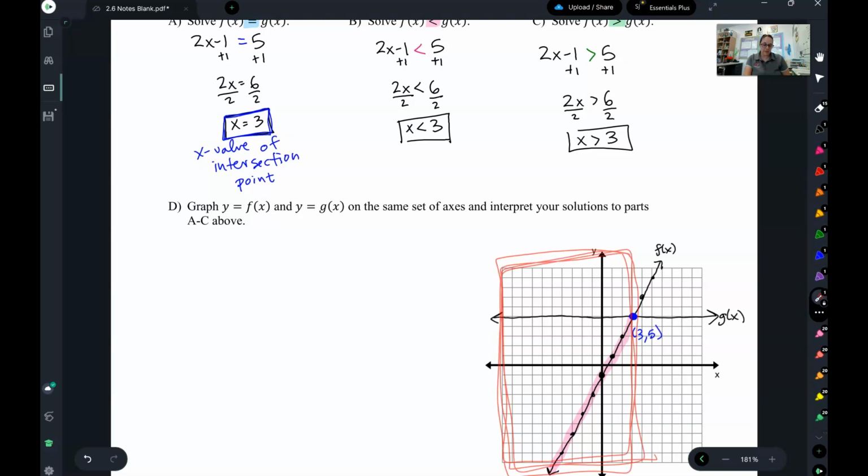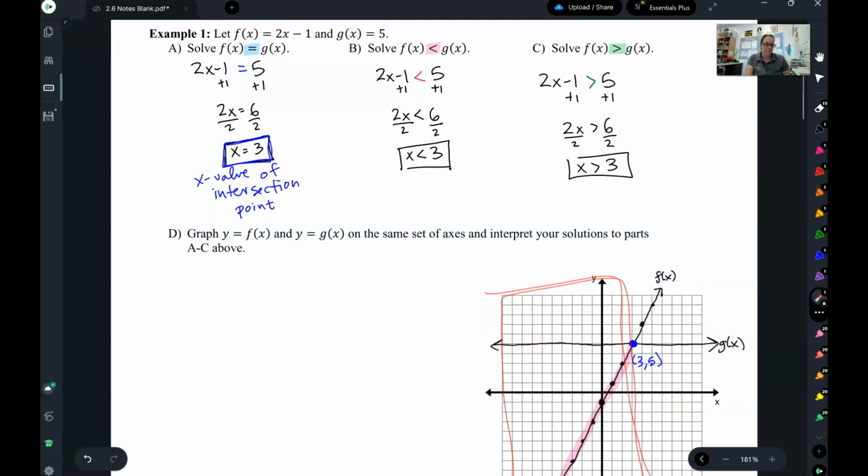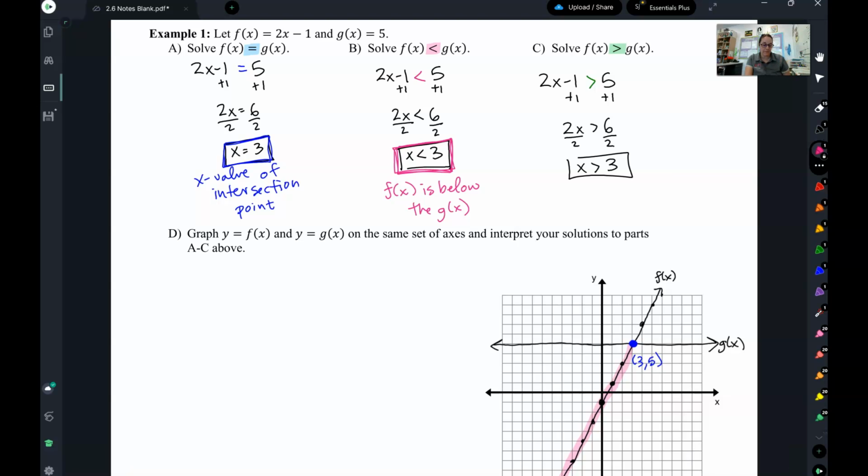And you'll notice that in this area, x less than 3, this is the only space where the f of x graph is less than or below the g of x graph. And that is what less than is actually finding. So what we're saying is that when x is less than 3, that is where the f of x graph is less than or below the g of x graph. That is what it's finding visually.